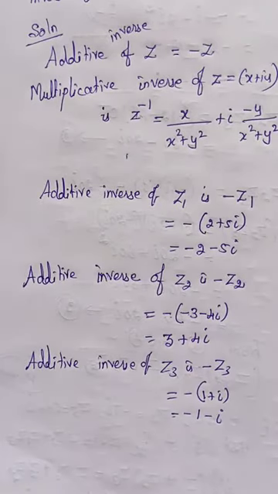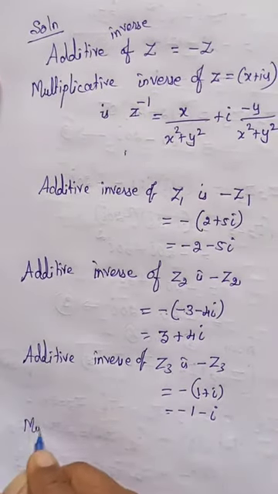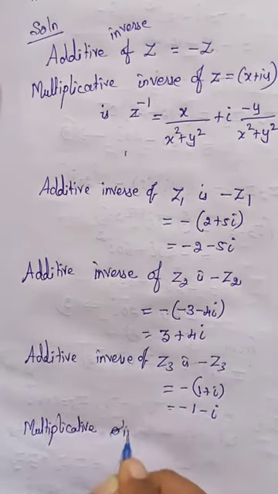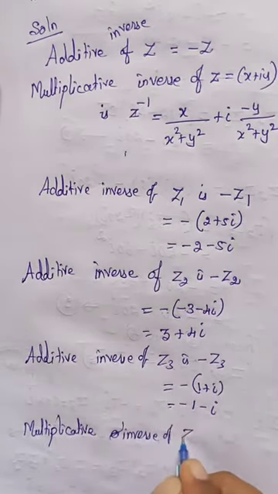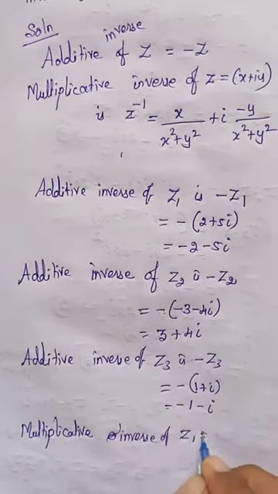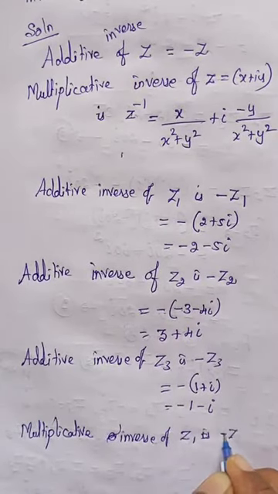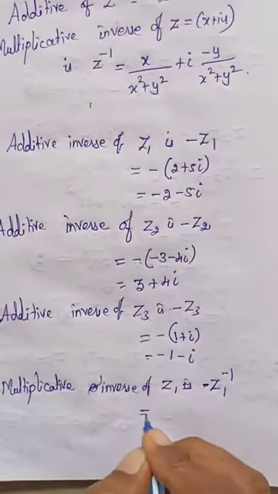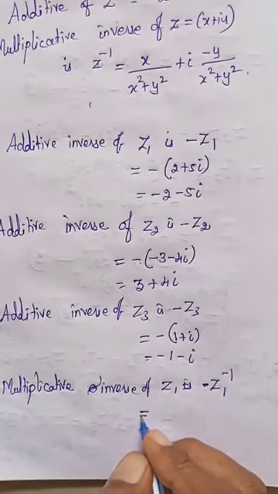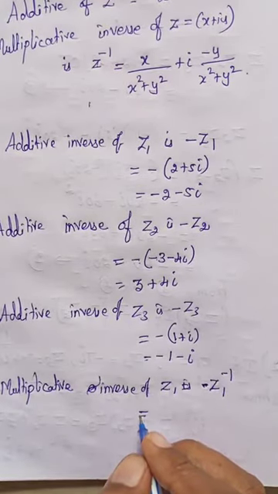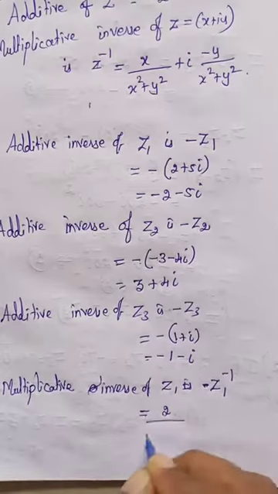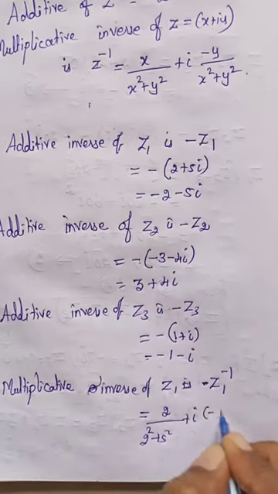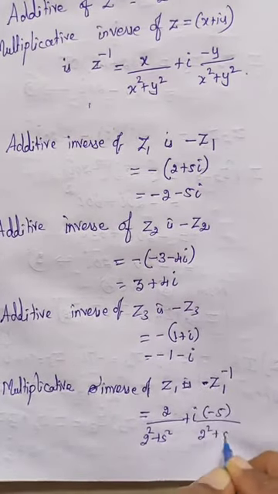Now we have to find the multiplicative inverse. See, the multiplicative inverse of Z1 is Z1 inverse. We have the formula; the value of Z1 is 2 plus 5i, isn't it? So we may get 2 by 2 square plus 5 square plus i into minus 5 by 2 square plus 5 square.